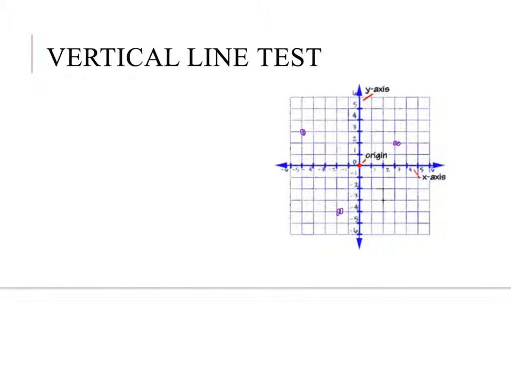I can take these points off of that graph and I can put them in a table, and I have (3, 2), and I have (4, 5), and I have (-5, 3), and I have (-2, -4).